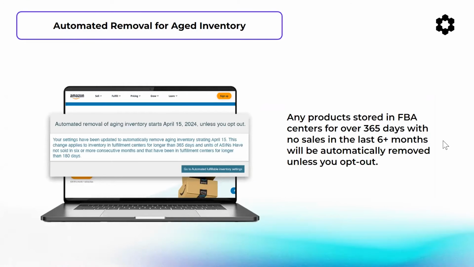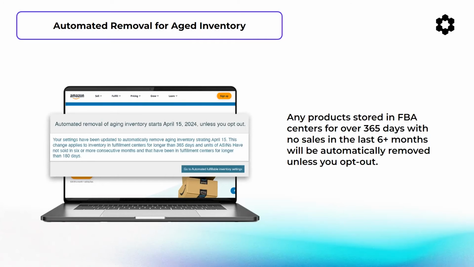Another thing. Okay, as of this April 15, Amazon will automatically remove the inventory that you have in the warehouse for more than 365 days. So the things that have been there for a year that also haven't been sold in 6 months.